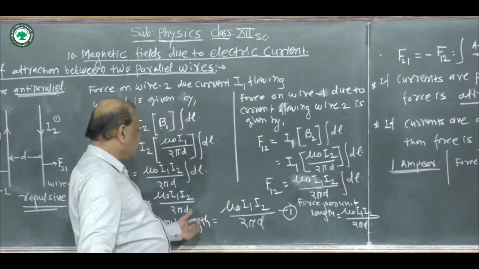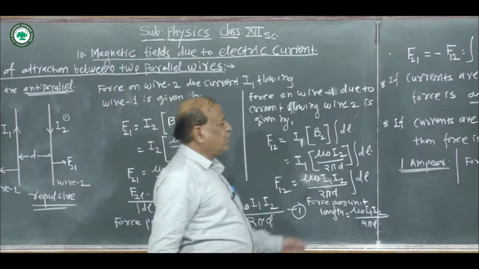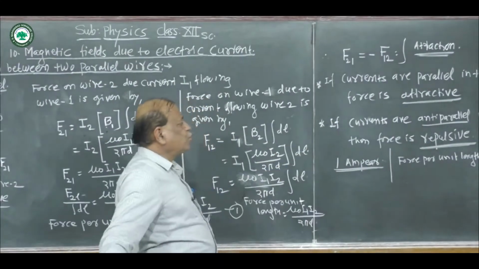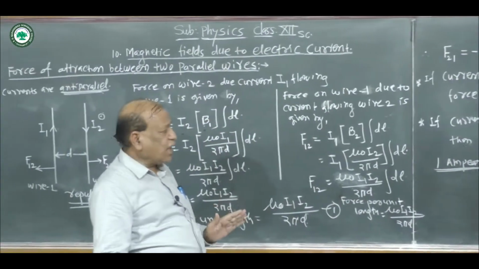Then the force per unit length gives the current of 1 ampere flowing through the two parallel conducting wires.